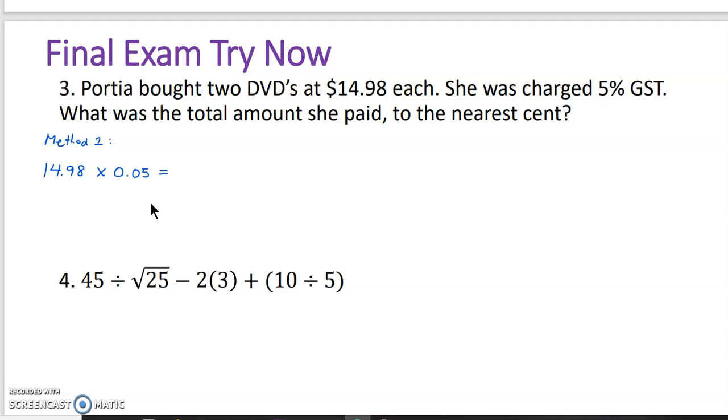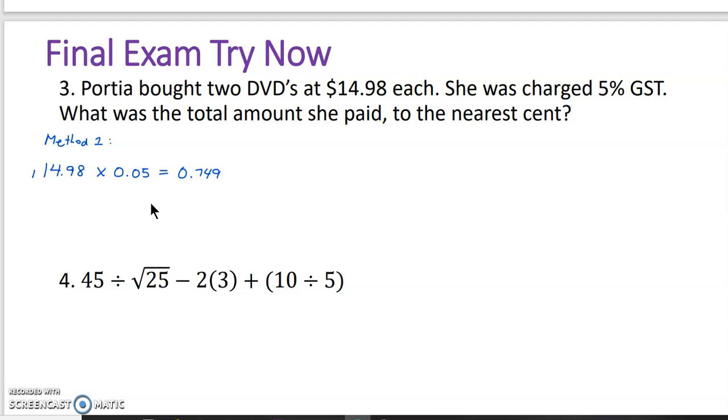So if we take 14.98 and multiply that by 0.05, we're going to get 0.749 for our GST amount.